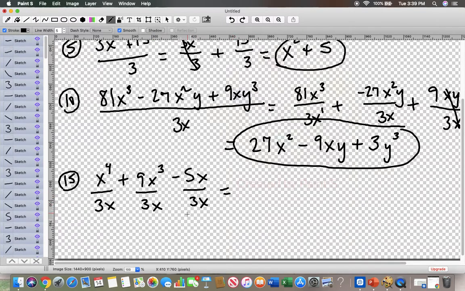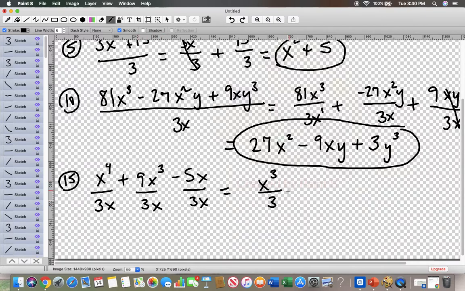And now let's simplify. x to the 4th over 3x. Well, I'm dividing same base of x, so I can subtract. So 4 minus 1 is 3, so I'm left with x cubed, but again, that got put in the numerator. I still have 3 left in the denominator because that's 1 over 3.